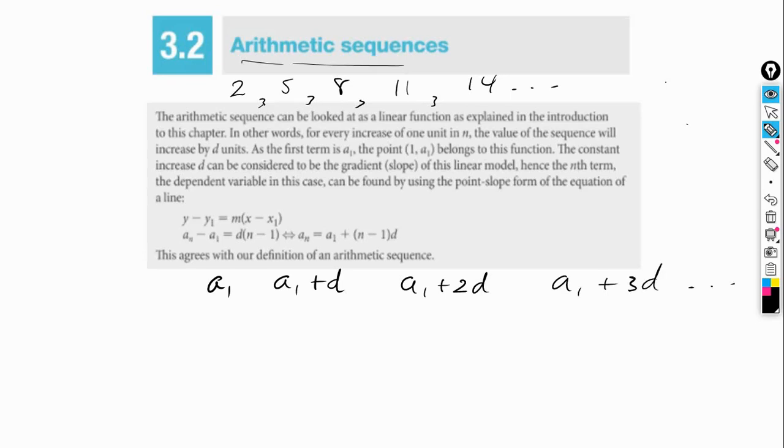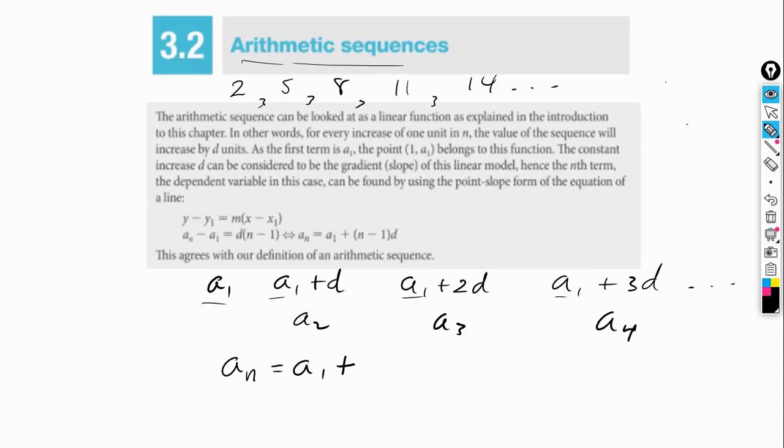So here you see a pattern. This would be the second term, this would be the third term, this would be the fourth term. So notice that the pattern here is the following. You could say that the nth term is equal to the first term, notice that they all would have the first term, plus the index.